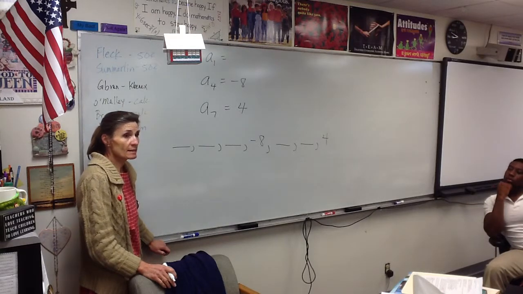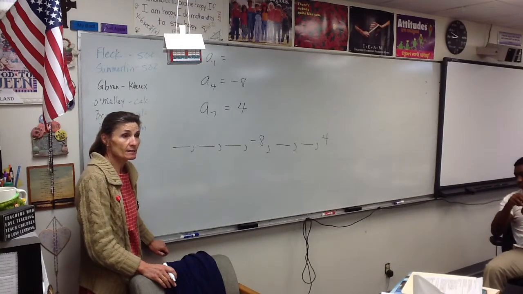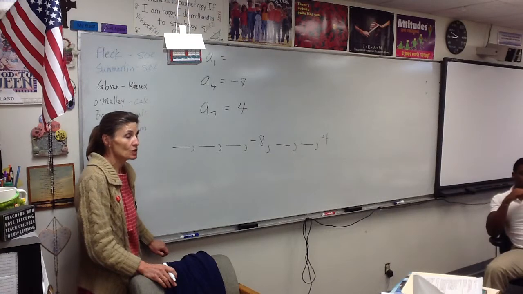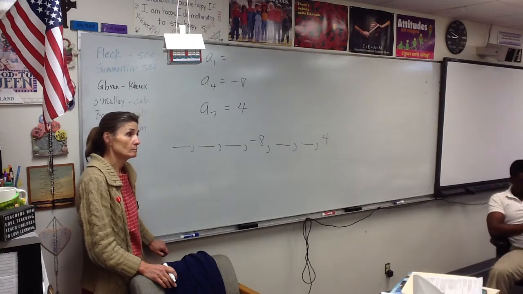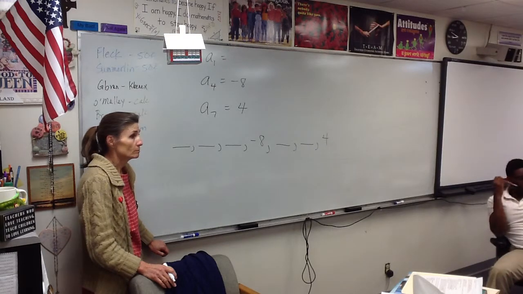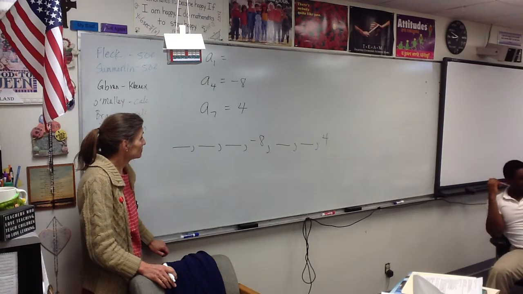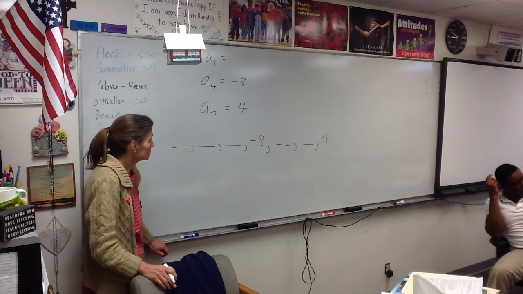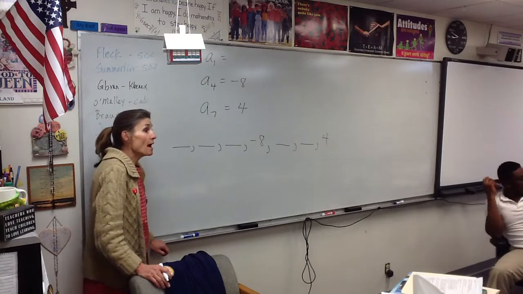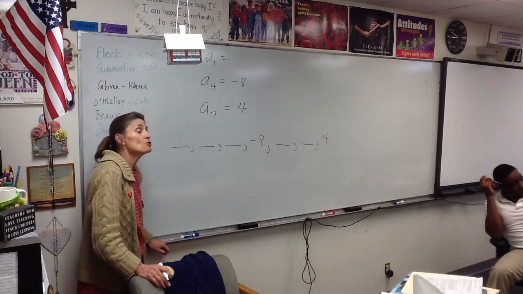Who had an idea? Did somebody have an idea? Jack? If you're going to go left to right, subtract 4. You subtract 4 each time. Like you have 4, you go down to 0, and the next one you have -4, -8. So you found the common difference. How did you do that?